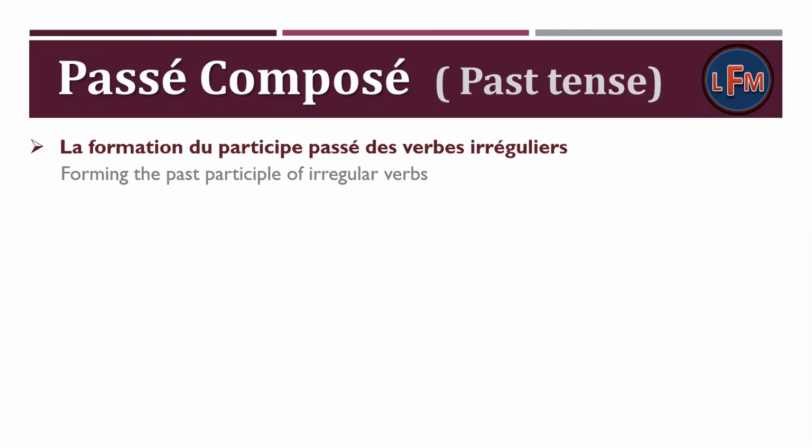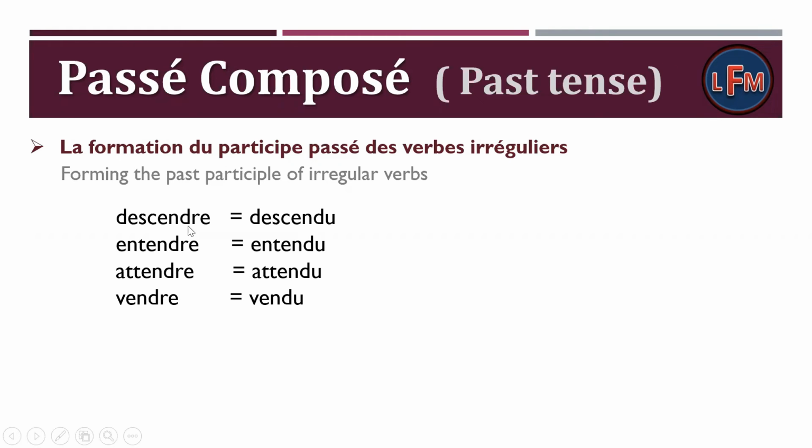Till now, I have taught you the formation of the past participle of regular verbs of the 3 verb groups. Now, there are so many irregular verbs of which the past participle is formed differently. Let's see some of the irregular verbs.